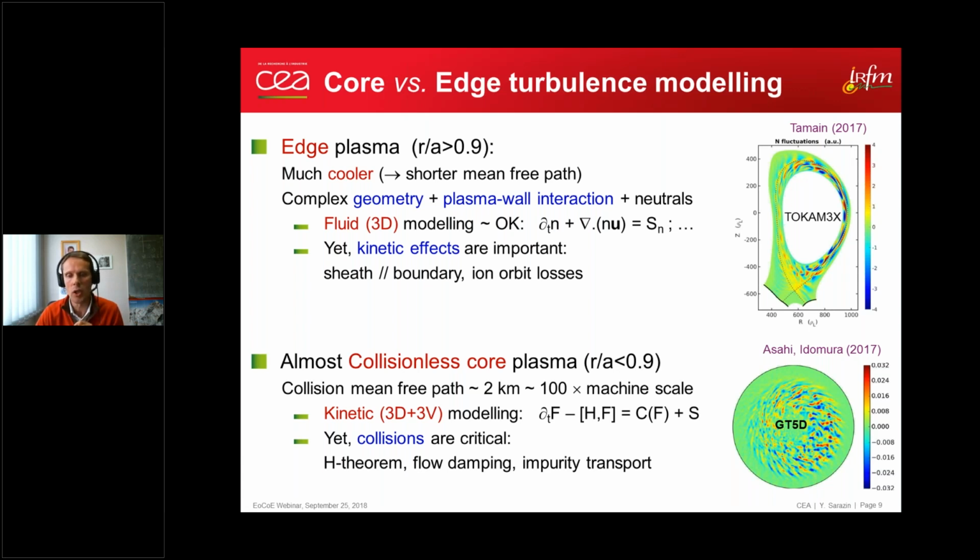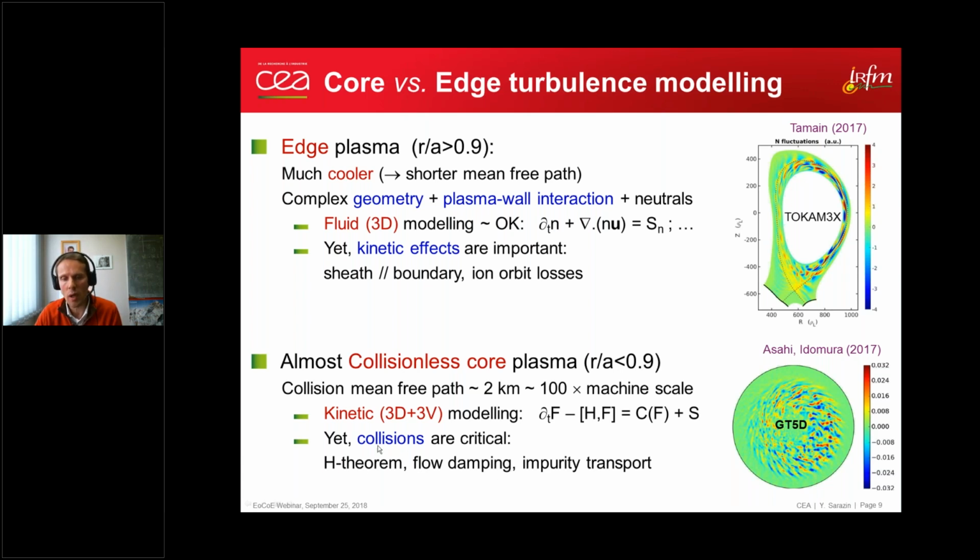They are critical in the sense that they ensure the H theorem, so they ensure that the distribution function will relax toward the Maxwellian on the collisional time scale. And also collisions are extremely important because they govern the flow damping.